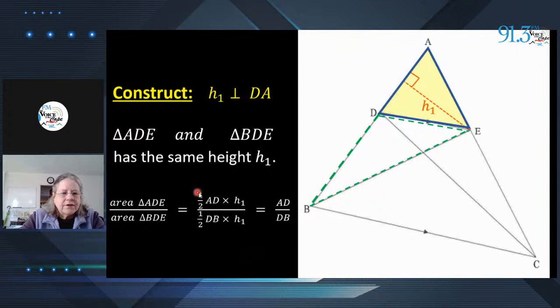Then we can cancel the two halves and we can cancel the two H's. And we are remaining with AD over DB. So let's have a look, where in the picture is this? AD is in proportion to DB. Now, I just want to stop for a second: if they give it to you as a fraction like that, that means it's in proportion.